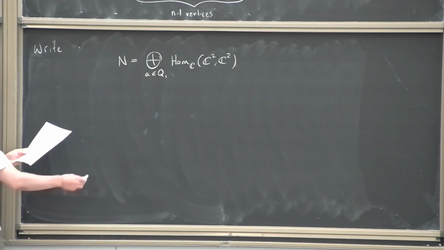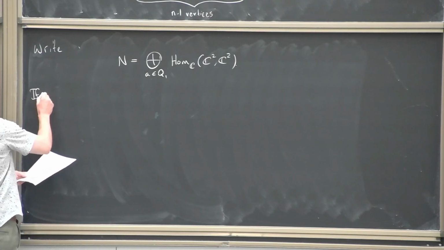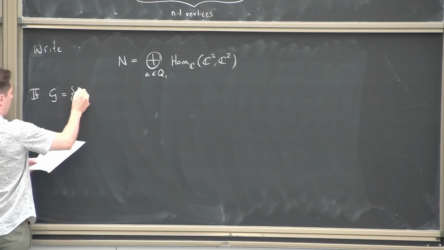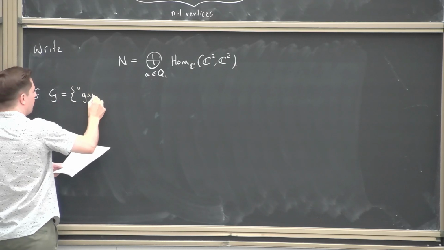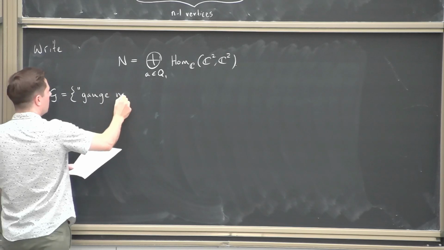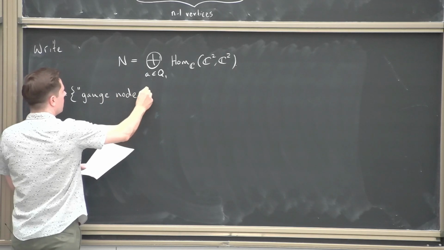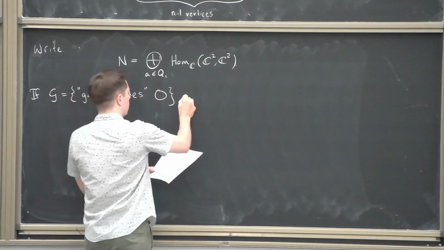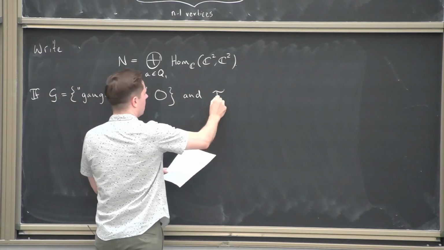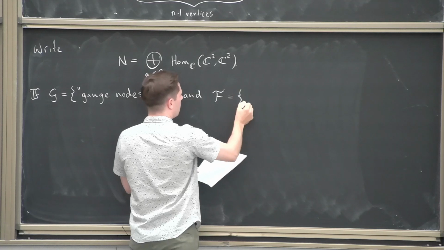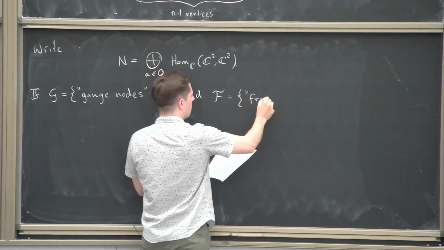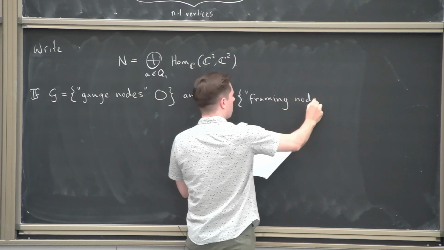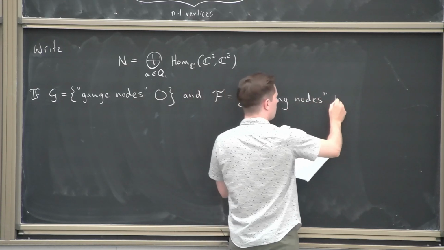That's our N. Now, let's write G for the set of gauge nodes, by which I mean the ones illustrated as circles in the diagram, and write F for the set of framing nodes, which are the squares.